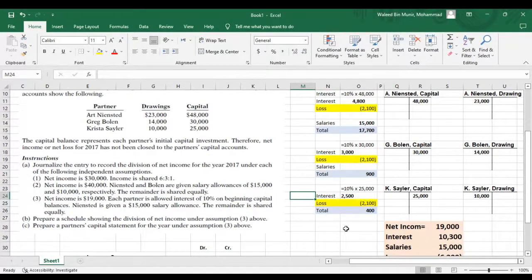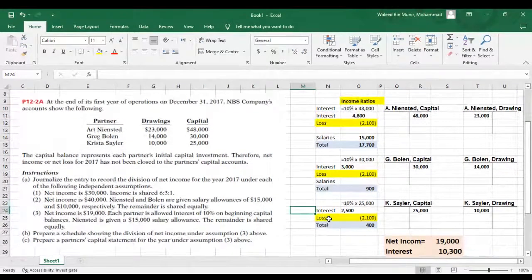So what will each partner get? Now, if you look at the contribution of each partner, the first partner will receive 4,800 in interest, minus his loss, and plus his salary. So he will get basically 17,700. Is it clear? 17,700 for the first partner.